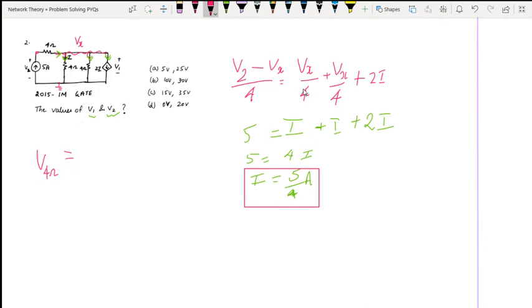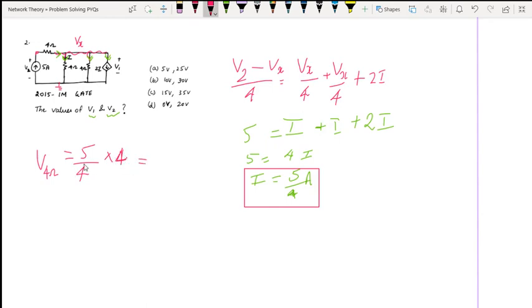It is Vx by 4, so Vx by 4 is I. So I is 5 by 4. So I know the current is 5 by 4 amperes and the resistance is 4 ohms. Sorry, I said amperes for the resistance earlier. 4 ohms, alright.